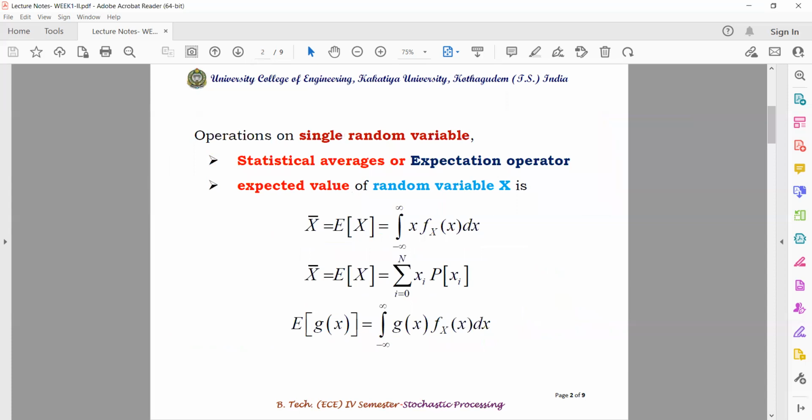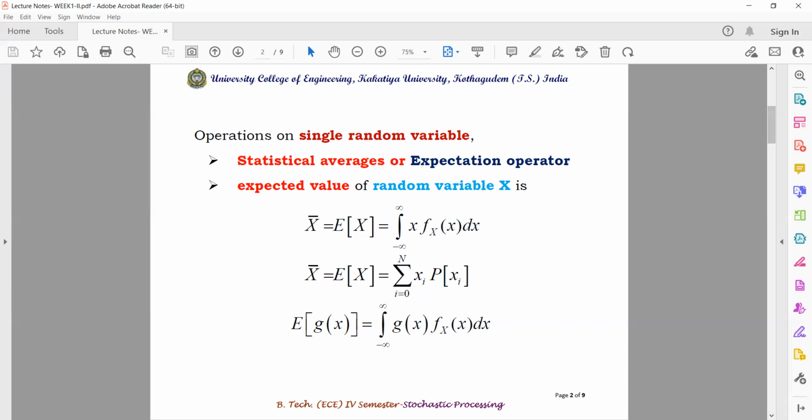Before proceeding to the discussion, I want to give an example of a digital communication system. If I want to transmit logic 0 and logic 1, a typical example is that 0 is transmitted by means of 0 volts and logic 1 is transmitted by means of plus 5 volts.